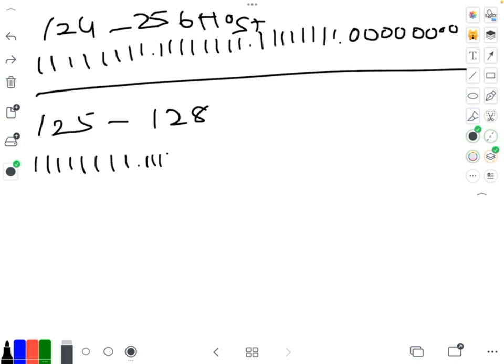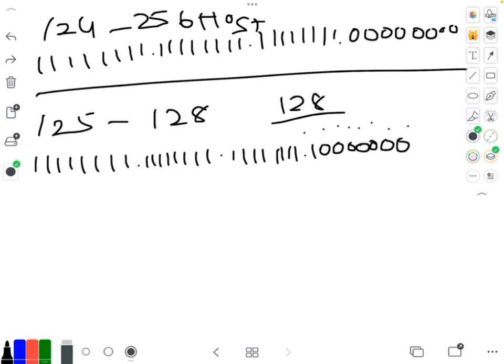I'll show you in binary. That basically means that we just borrowed one bit. And it goes 128, 64, 32, 16, 8, 4, 2, 1.